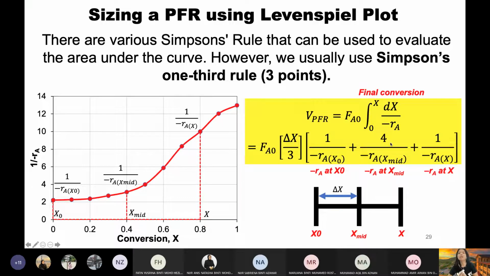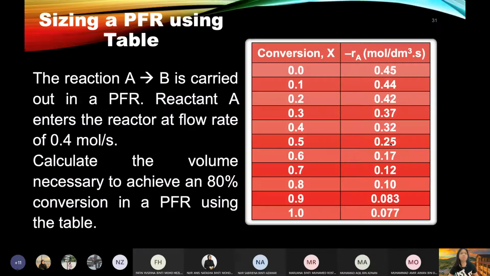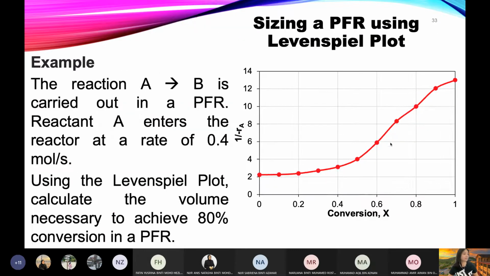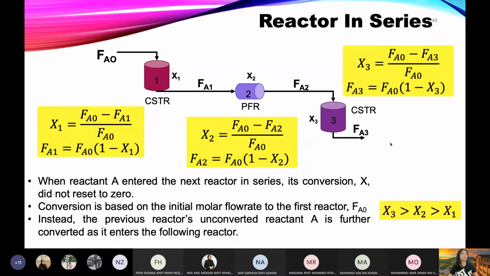Okay, but what we did on both these reactors are for a single reactor, meaning when you're using only one reactor to achieve your desired conversion in your reaction. But as I also told you previously, most often you would not be able to obtain a high conversion when you're using a single reactor.